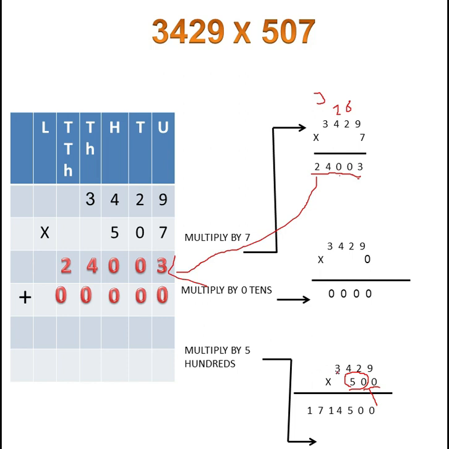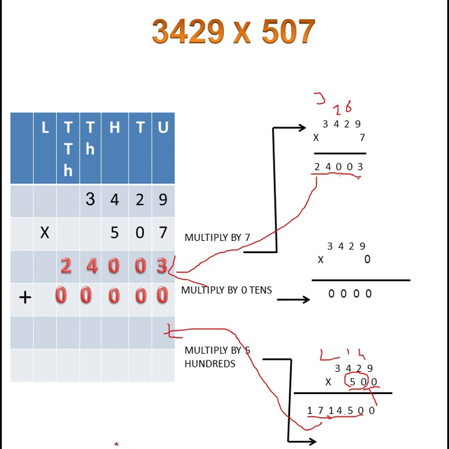Then 3,429 multiplied by 5. 5 into 9 is equal to 45. I write 5 here and 4 carried forward. 5 into 2 is equal to 10 plus 4, 14. 4 here and 1 carried forward. 5 into 4 is equal to 20 plus 1, 21. 1 here, 2 carried forward. 5 into 3 is equal to 15. 15 plus 2, 17. I will get 17,14,500. We will write this number here.